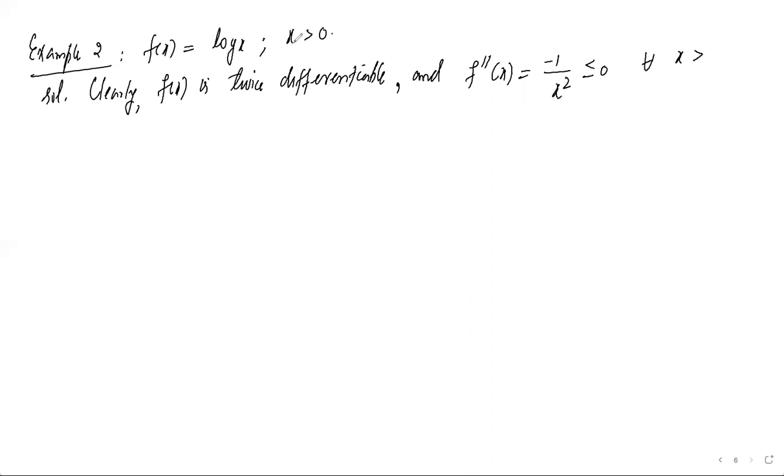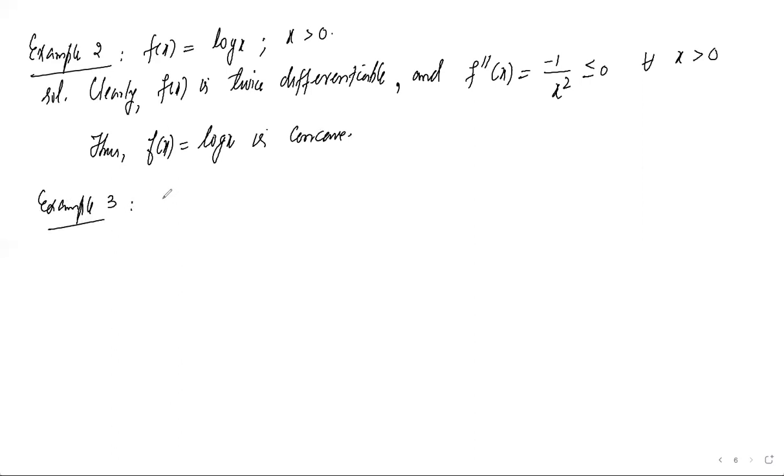Now here we have the condition that x is positive. So therefore this is less than 0 for all x greater than 0. So therefore f of x is concave. Thus f of x equal to log x is concave. And let's take one more example.